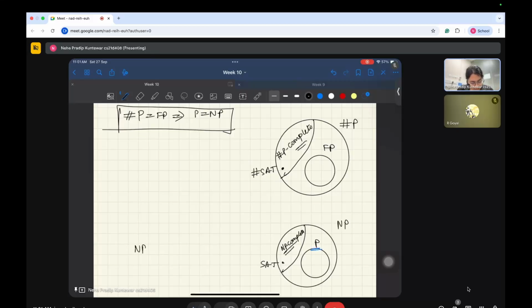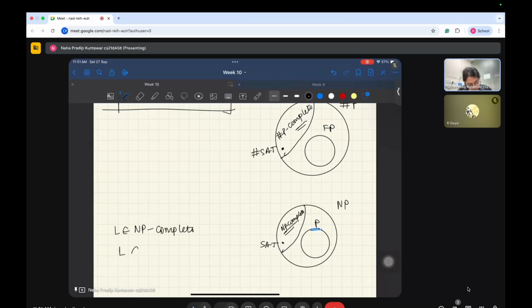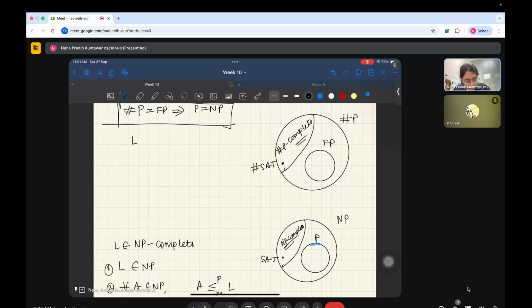When we say that a language L is NP complete, we say that L is in NP, and for all A in NP, there's a polynomial time many-one reduction from A to L. Similarly, when you say that a function F is #P complete, the first thing is of course that F should be in #P itself. But the more important thing is how we define this notion of reduction.